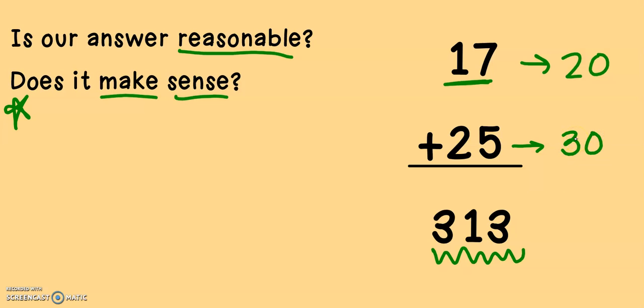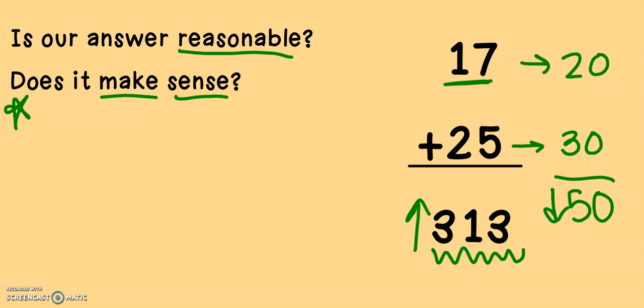Now, using our quick adding strategies that we practiced earlier in the year, 20 and 30 gives me about 50. 50 and 313 are very different numbers. 313 is way larger, and 50 is much smaller.